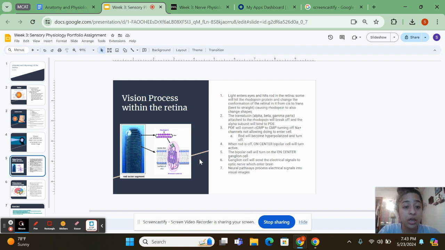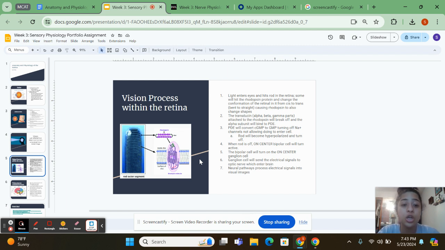However, when it converts to GMP, the sodium channels will turn off, and due to this, sodium cannot enter the cell. When this happens, hyperpolarization will occur, and this will just turn the rod off. So just to summarize, light will enter, it will hit the rod, it will go from being on to off.